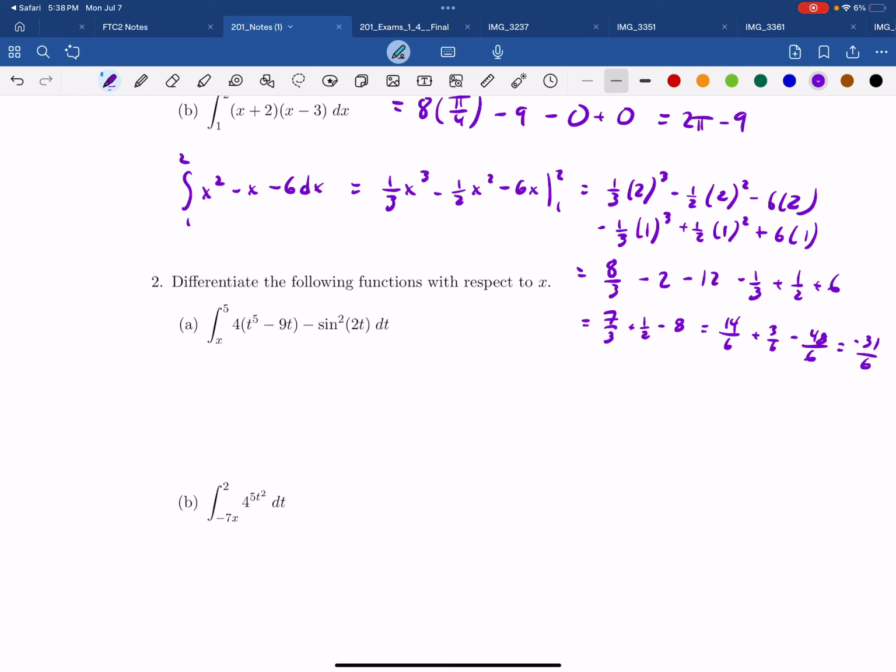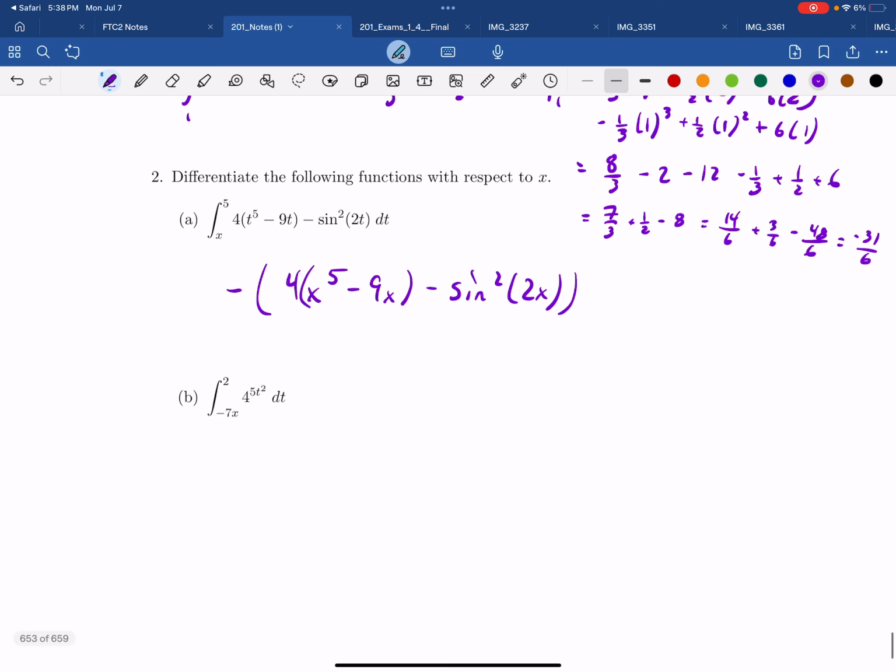Differentiate the following, right? This is just going to be, if you can see it, negative 4x to the 5th minus 9x minus sine squared of 2x. That's what it is, right? Do you see why it's negative? Because we had to swap the bounds.